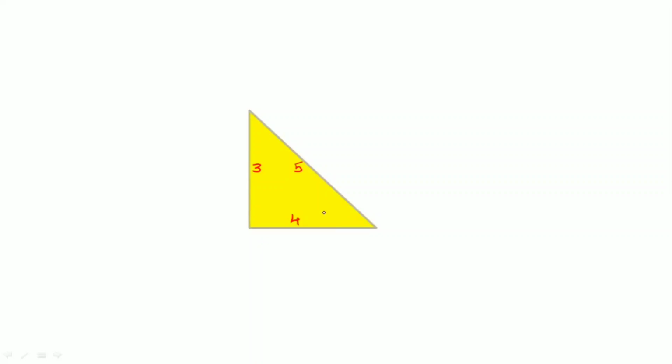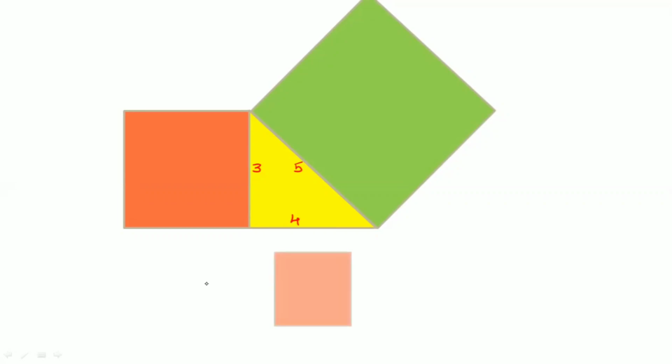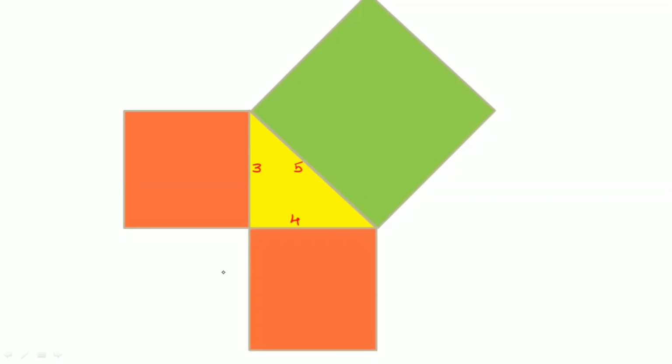Using the hypotenuse, we have constructed a square with side 5 units. Similarly, using the perpendicular side, we have constructed a square having sides as 3 units. And using the base as the side of the square, we have a square on the side as 4 units.